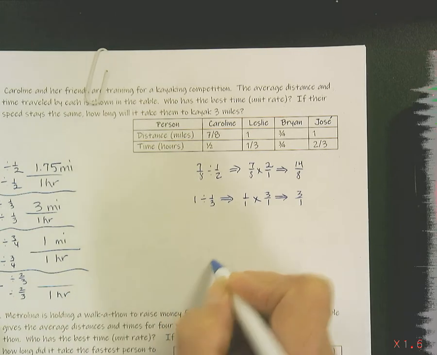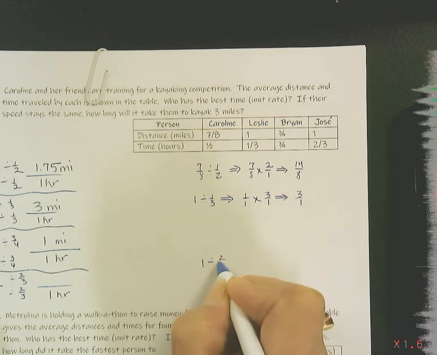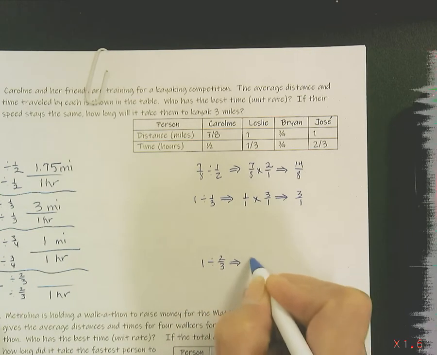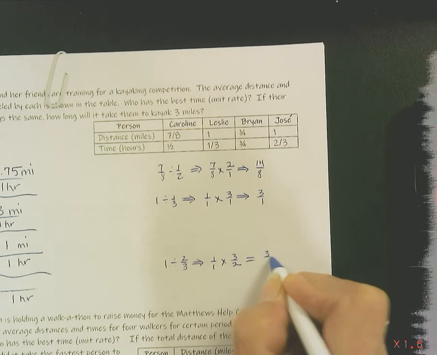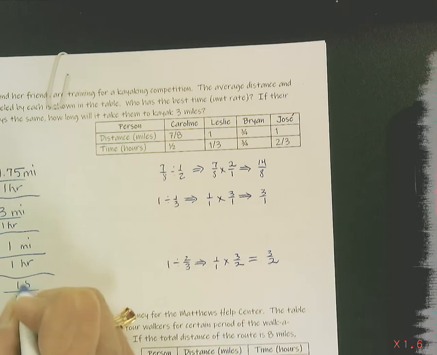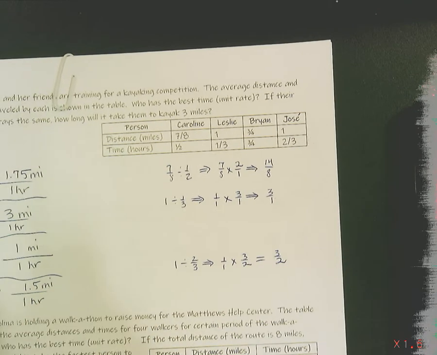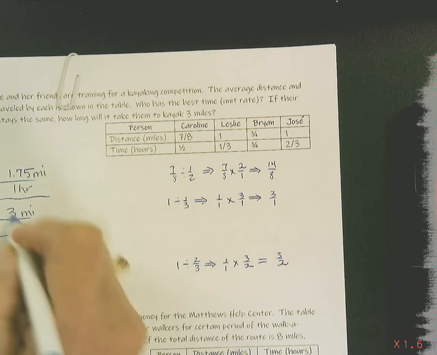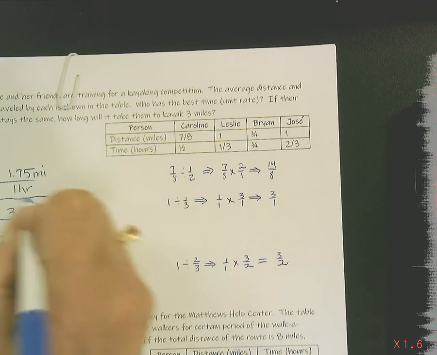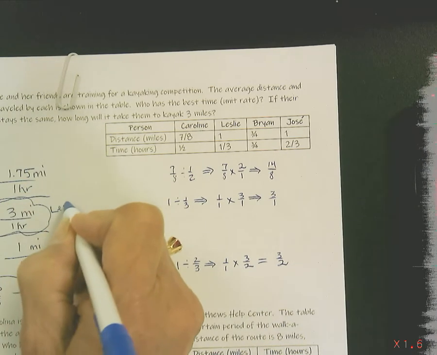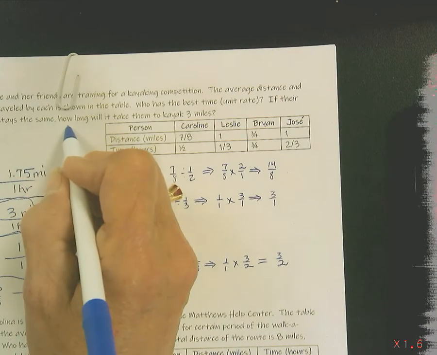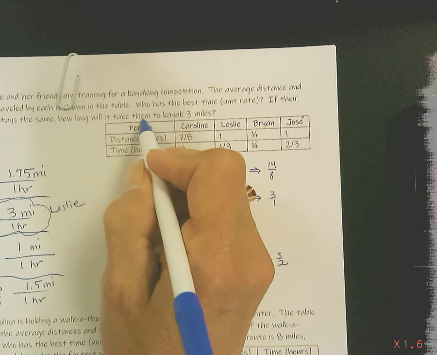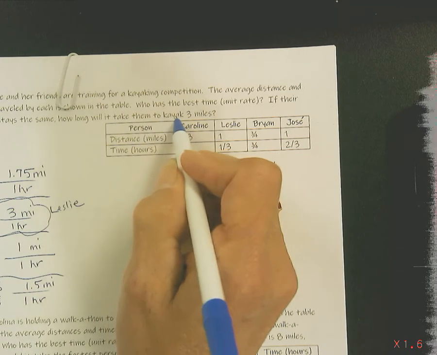And let's come over here. 1 divided by 2/3 becomes 1 times 3/2, which gives us 3/2, which is 1.5 miles per hour. So here's Leslie going the fastest. If their speed stays the same, how long will it take Leslie to kayak 3 miles?